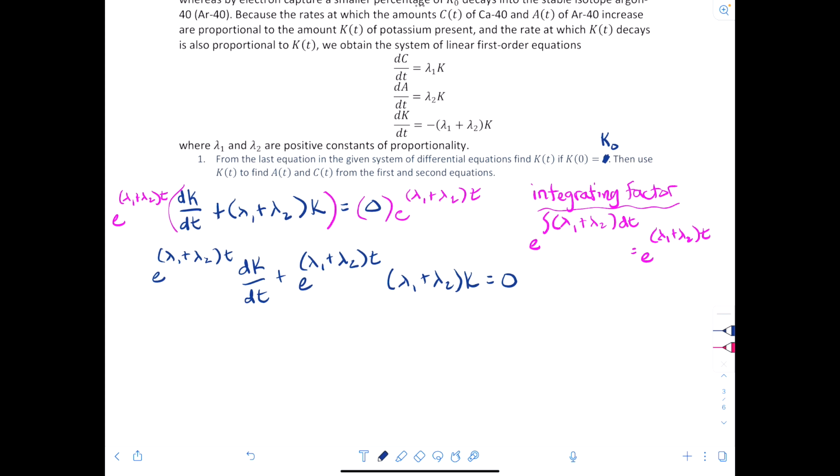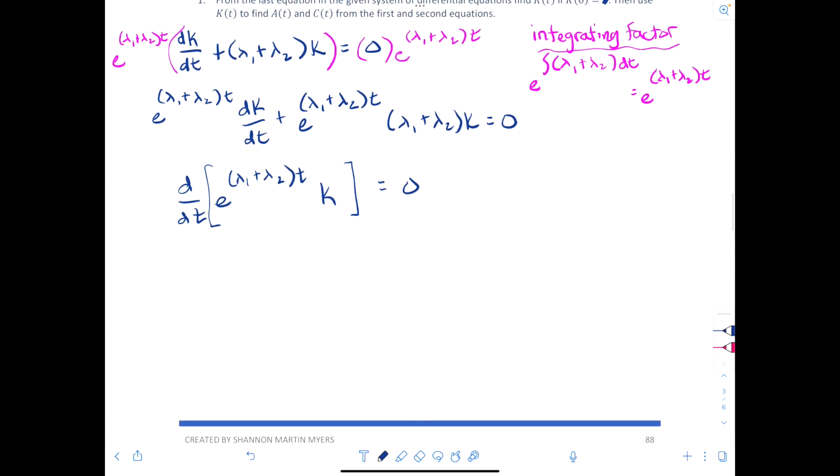Good so far? And now, using that trick, the sum on the left-hand side is going to be the derivative with respect to t of e to the lambda 1 plus lambda 2 times t times K. And that, in turn, will equal 0.